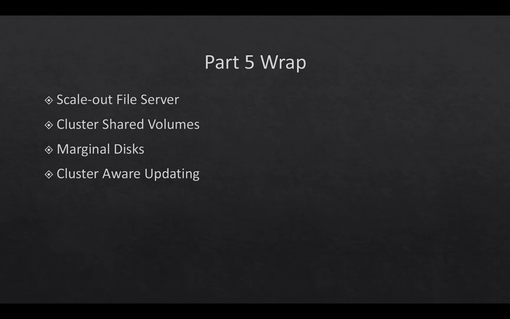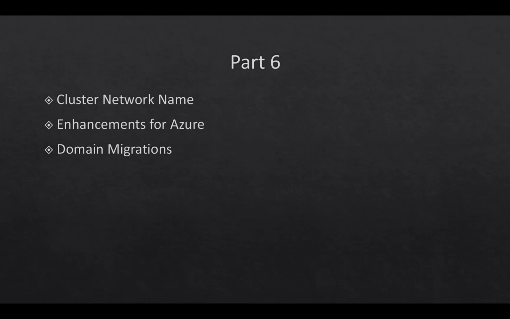A couple of the new things with it: testing without the need of an update to test with, as well as no rebooting if the update doesn't require a reboot. In Part 6, we're going to talk about the cluster network name and what we've done with it, some of the enhancements we made for running clusters in Azure, and domain migrations.